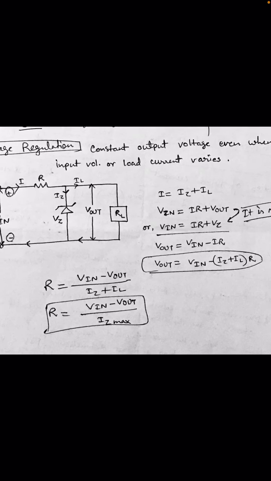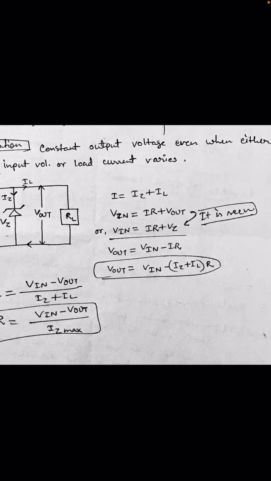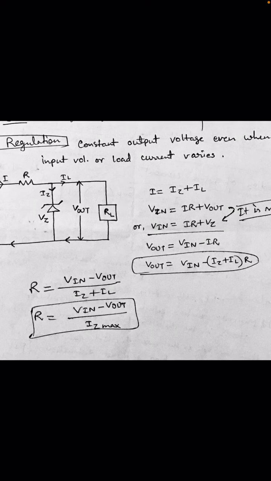So this simple equation gives us V output equal to VIN minus IR, where I is Iz plus IL. Okay. So we can say R is equal to VIN minus V output over Iz plus IL, or R equal to VIN minus V output over Iz maximum.